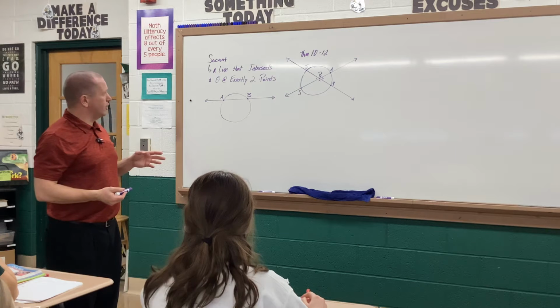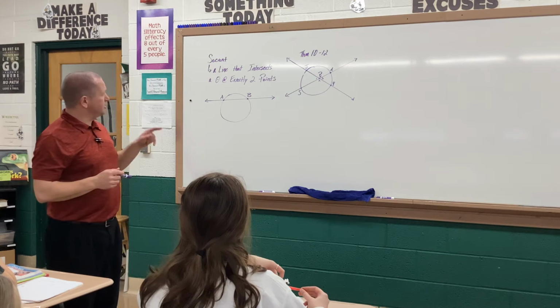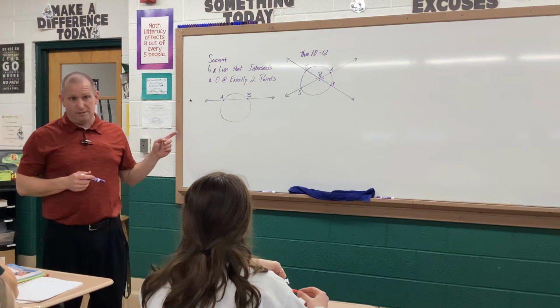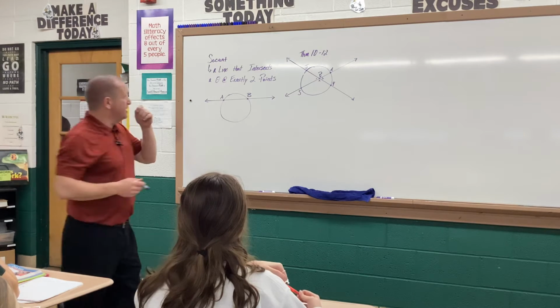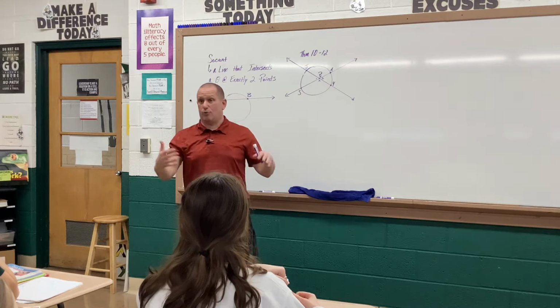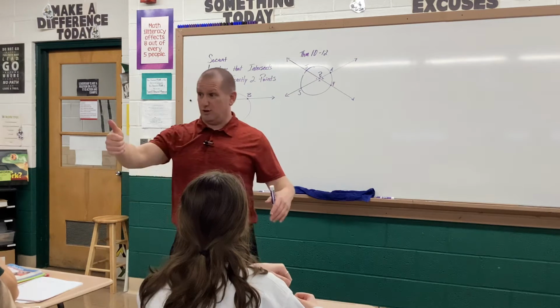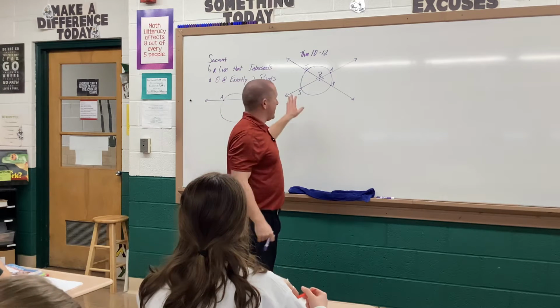Are 2 and 4 equal to 1 and 3? Not necessarily, right? Because 3 and 4 would make up what? A linear pair. So they're equal to what? 180, okay? So if 1 and 3 are my vertical angles, they are what to each other? They're congruent, okay? Now, this is where the confusion sometimes happens.